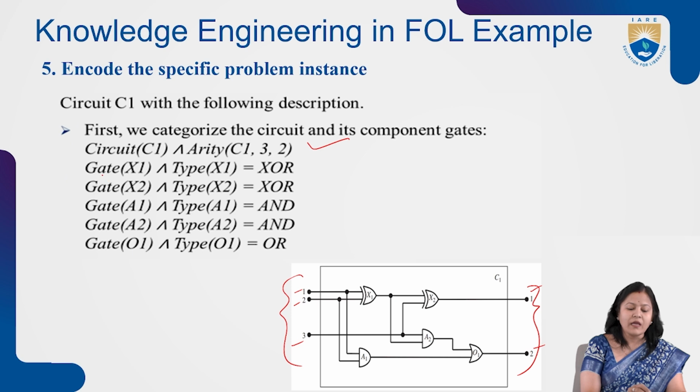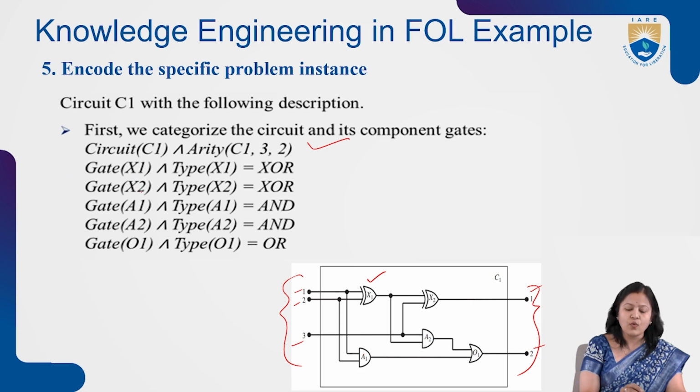Second statement, gate x1, and the type of x1 is XOR. We have to describe each and every gate in this circuit. We know gate is the name of the predicate, so gate x1 and type of x1 is equal to XOR. Similarly, all these gates we can define.